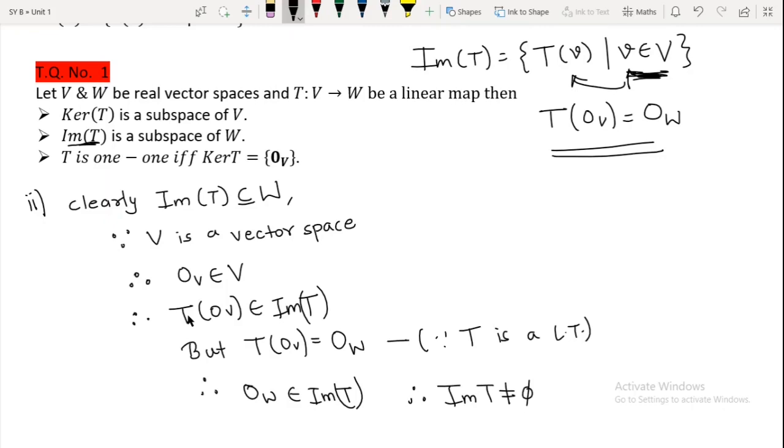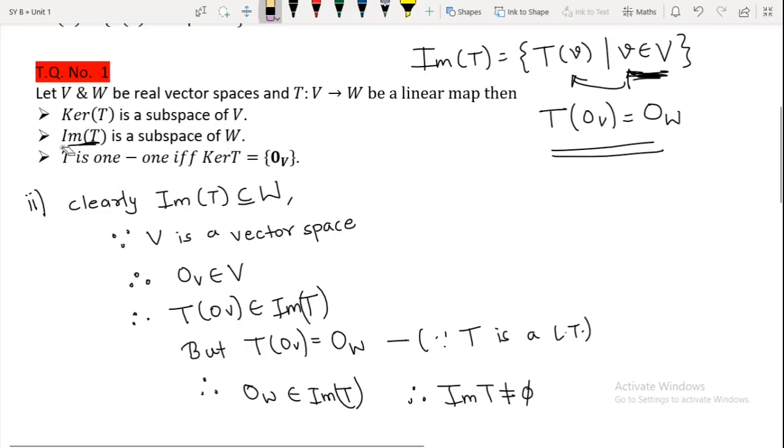Now we will go towards the conditions of subspaces. Note one thing: how do elements of image of T look? They are of the form T of V. Now in order to prove the first condition of subspace, we need two elements of the set that we have to show is a subspace.